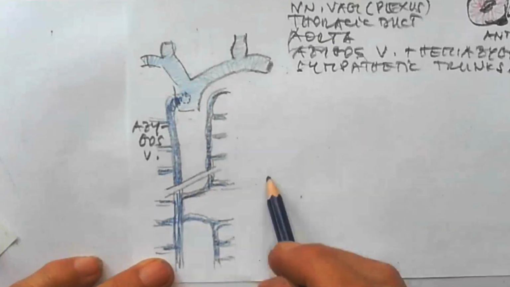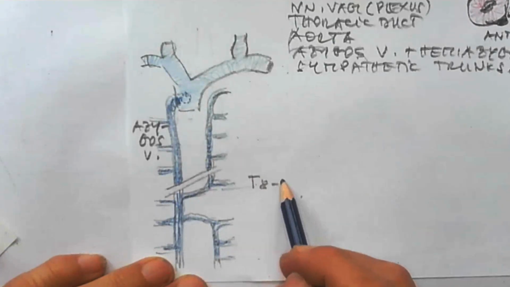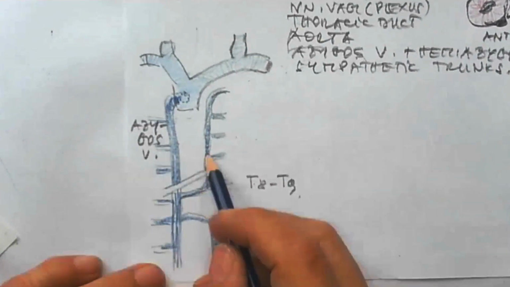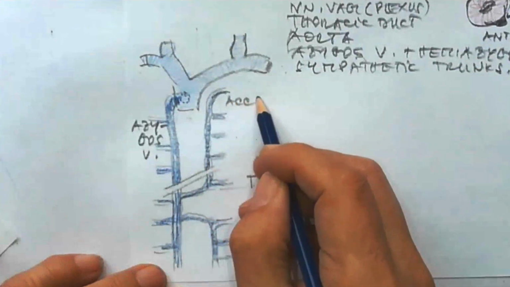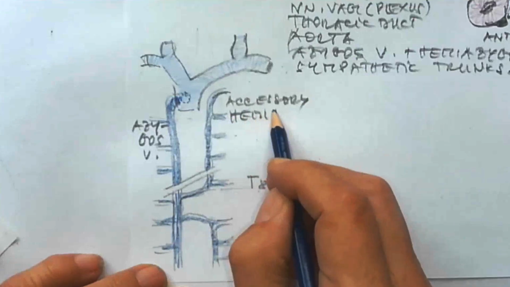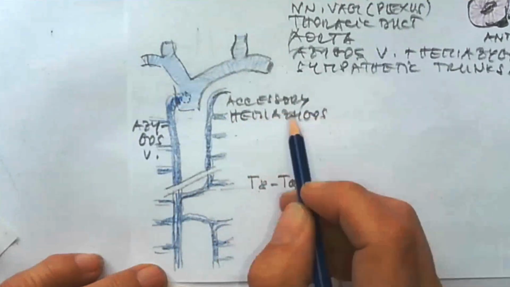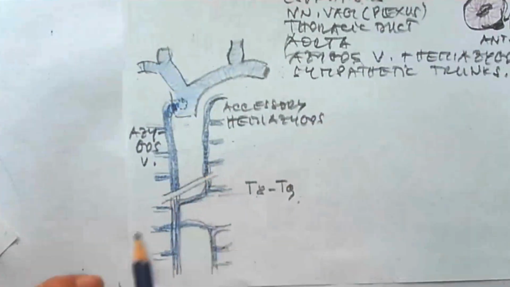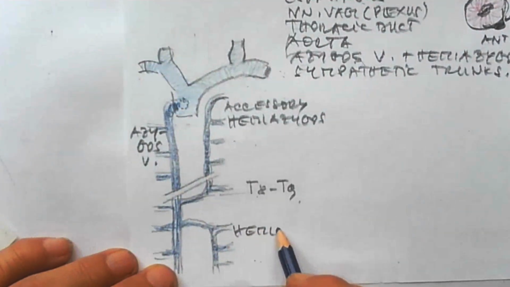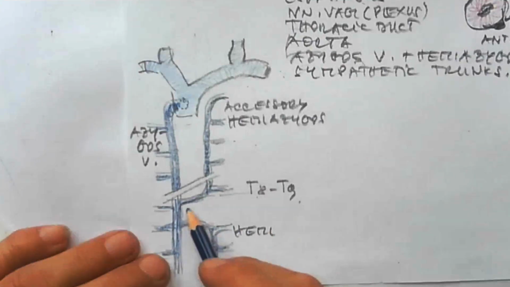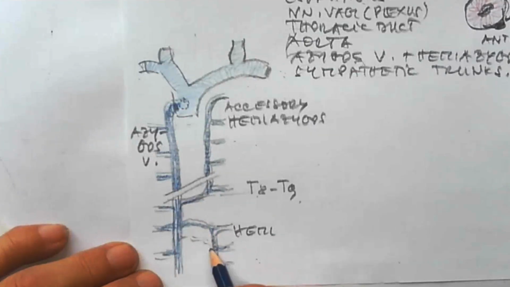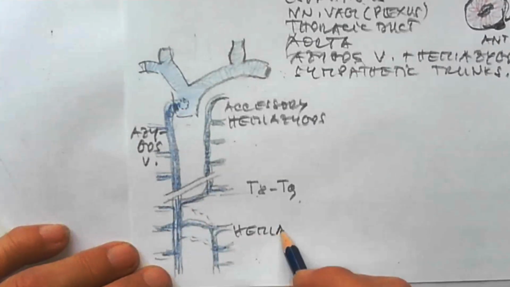So usually at this level, T8 to T9, the accessory hemiazygos vein opens into the azygos. The hemiazygos below that can open into the azygos either close to the previous interconnection or even in another place. So it could be like that or like that, doesn't matter.